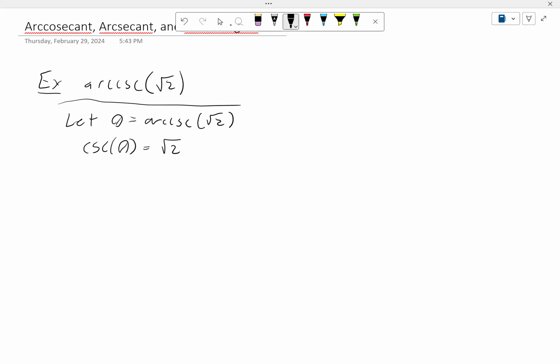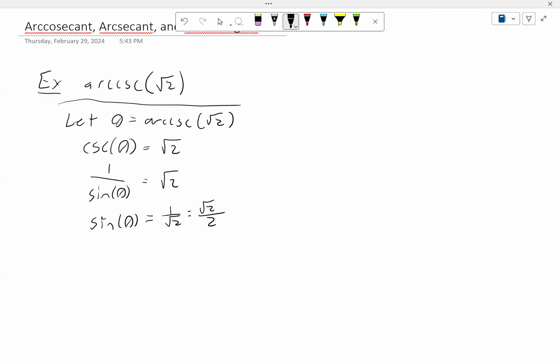But cosecant of theta is the same thing as 1 over sine of theta. So 1 over sine of theta is equal to square root of 2. Now we can solve for sine of theta by taking reciprocals on both sides. Sine of theta is equal to 1 over the square root of 2, which we can rationalize. So sine of theta is equal to square root of 2 over 2.